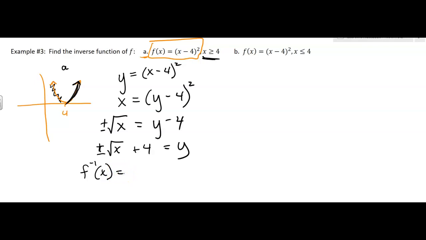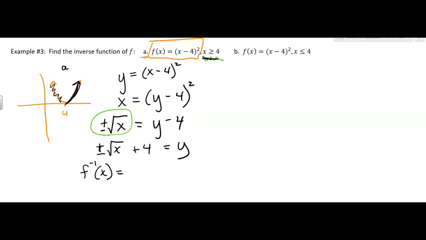Okay, here's what we have to say. When we took the square root of both sides, we introduced this square root sign, right? And we put a plus or minus because that's what we've been taught to do. You take the square root of both sides, you got to consider plus and minus. But remember, there's a restriction here. It said x is greater than or equal to 4.